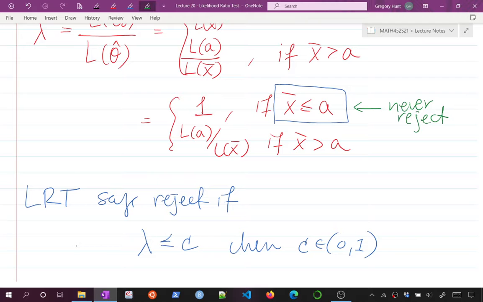And that makes a lot of sense because in order to reject, we're trying to convince ourselves that the overall mean in this data is bigger than A. So I collect some data, and I measure some sample mean x bar, and x bar is less than A. Is that evidence that the overall mean is bigger than A? No, surely not. So surely we're never going to reject.